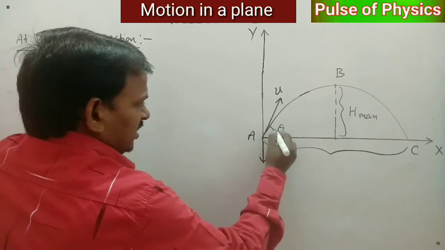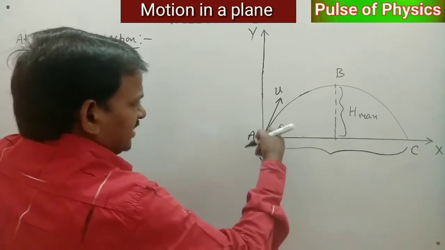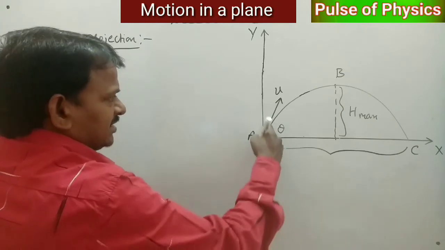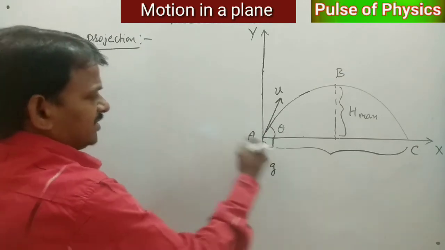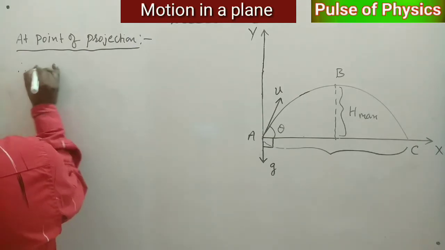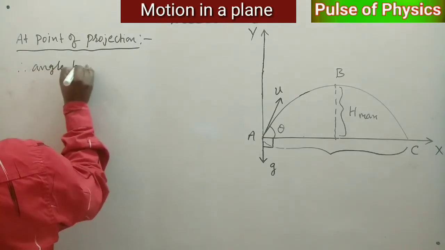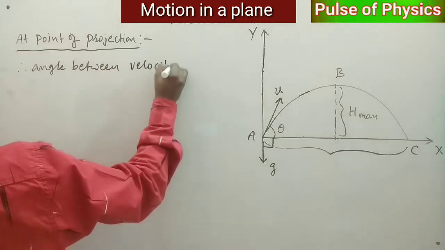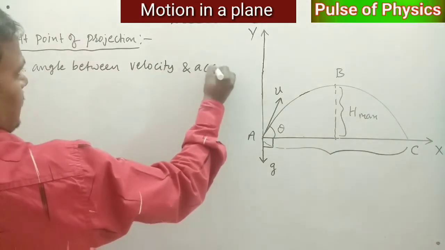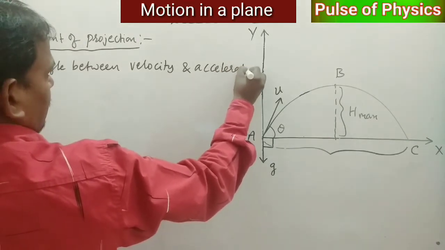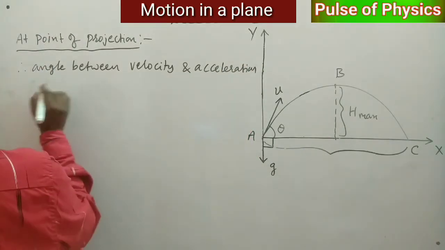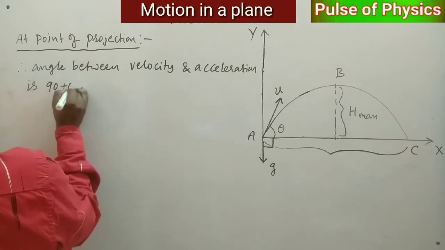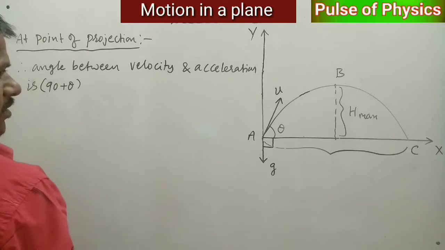The angle between velocity u and acceleration g is 90 plus theta.